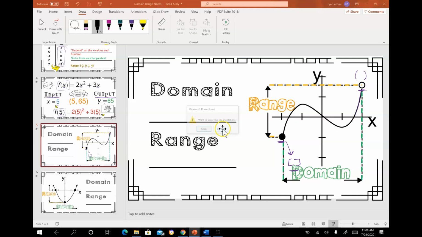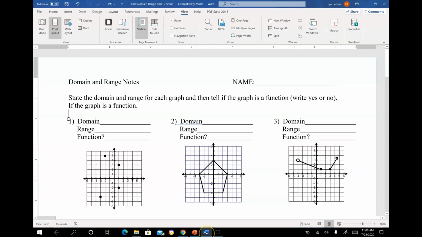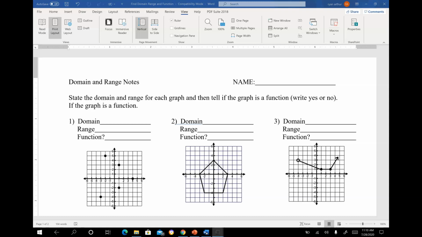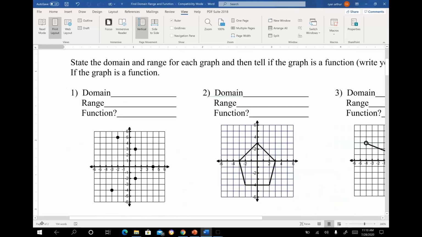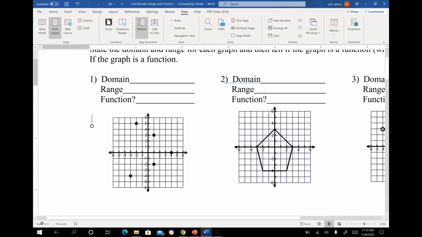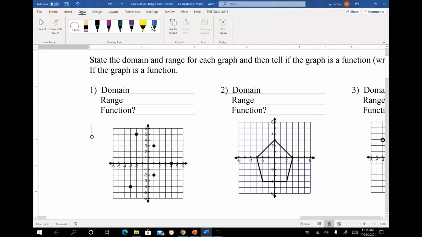Okay? All right. So let's do some more examples. Now it tells you to state the domain and range for each graph, and then, okay, so number 1. Let's zoom in to number 1. So I want to find the domain and range of each function and then tell me if it's a function.